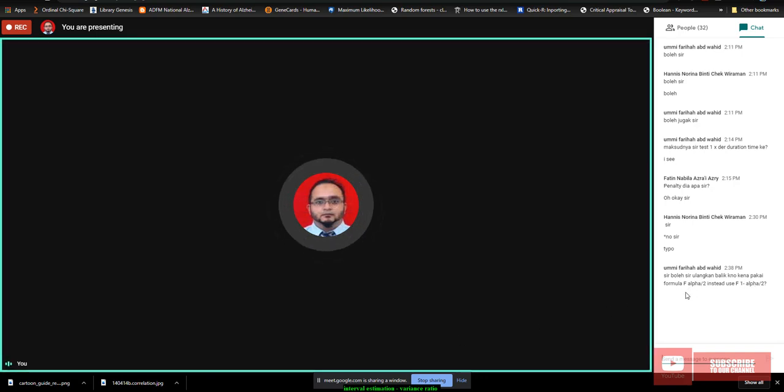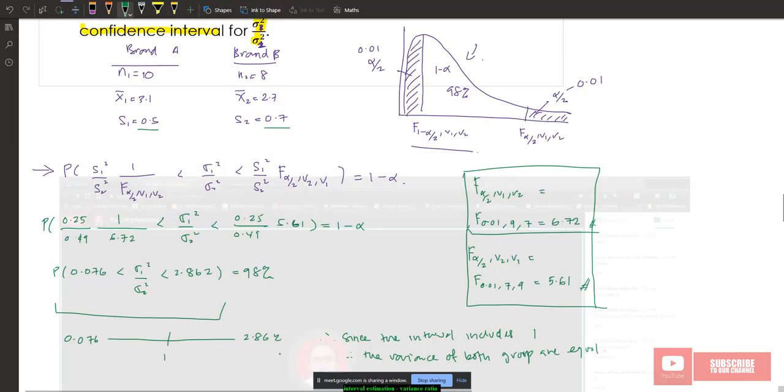Why do we have to use the formula alpha divided by 2 instead of 1 minus alpha divided by 2? Because in our statistical table, let me find my statistical table.